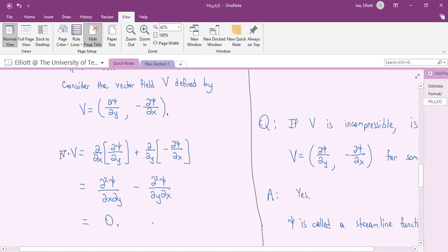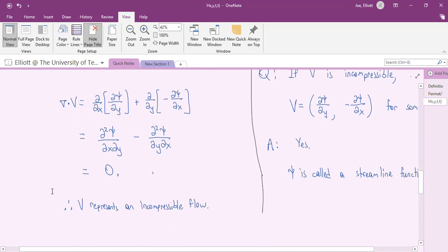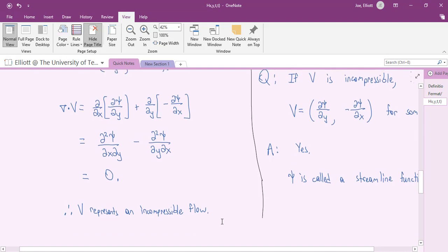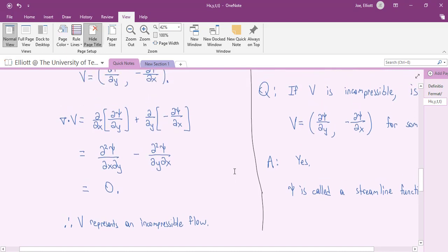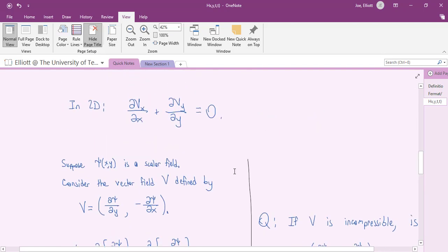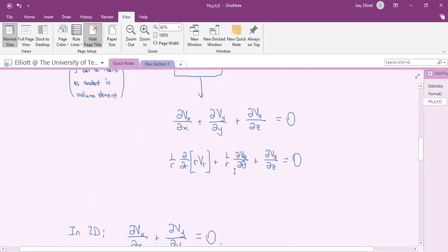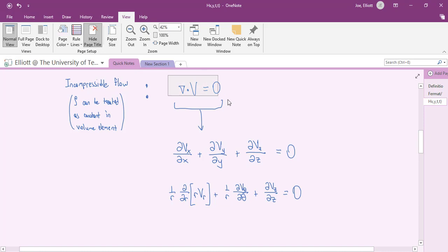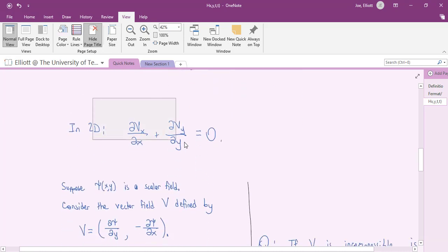And because the divergence of this vector field v is 0, that means that v could be thought of as the velocity field for an incompressible flow. Because remember that for an incompressible flow, its divergence must be 0, which in 2 dimensions means that this must be satisfied.